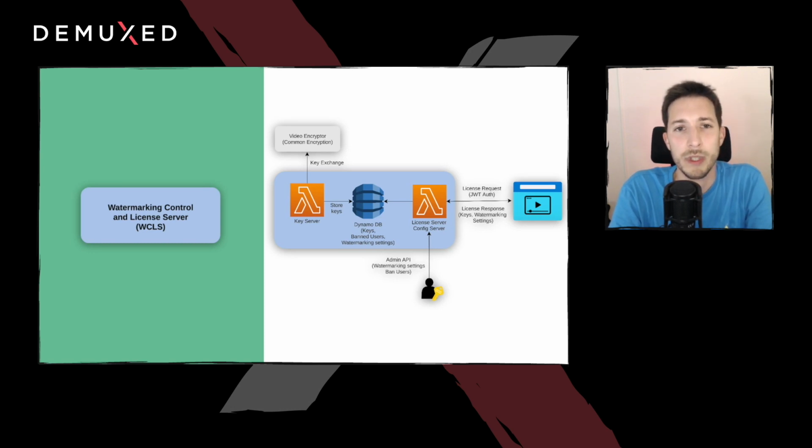The key will rotate once every 10 seconds. This acts as the main clock of the system. After each rotation, the players need to refresh their license to get a new key. In this response, we will update the watermarking settings and deny access to banned users.